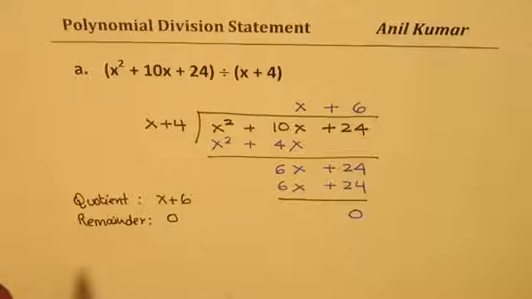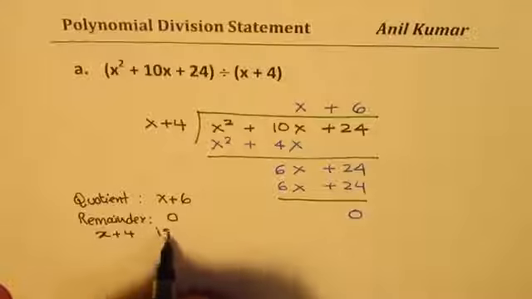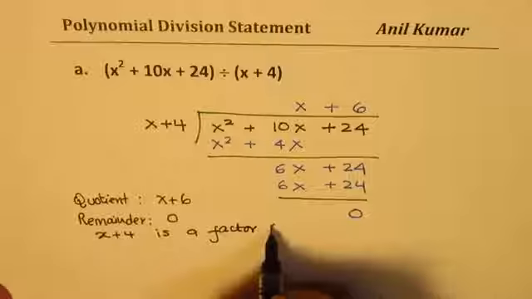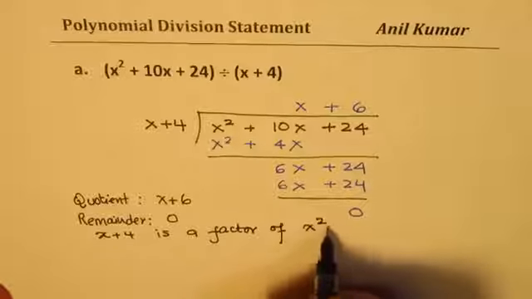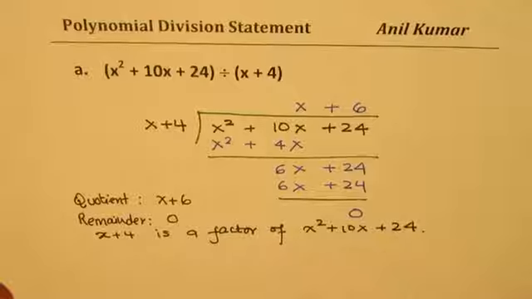So if remainder is 0, that really means that x plus 4 is a factor of x squared plus 10x plus 24, right? Does it make sense? So that is what it means.